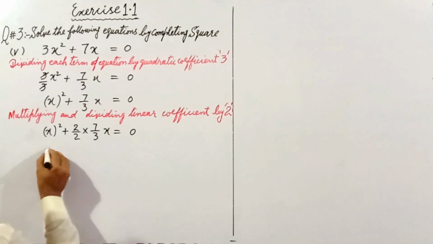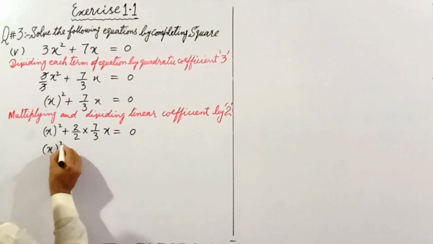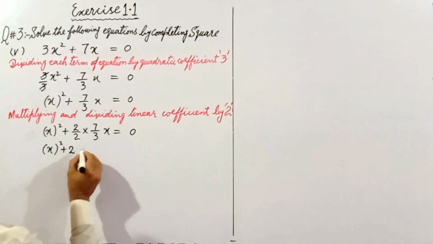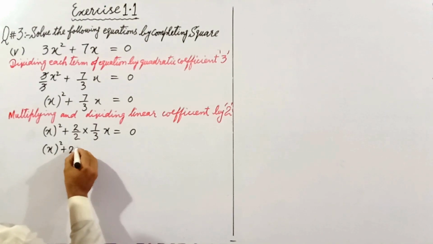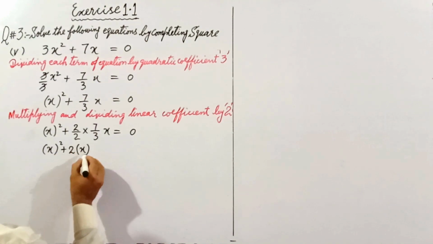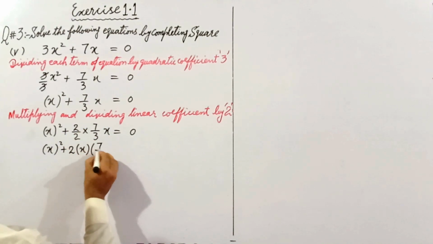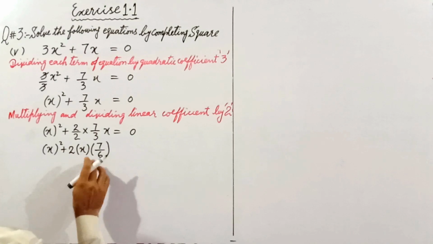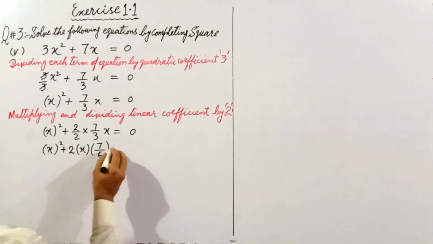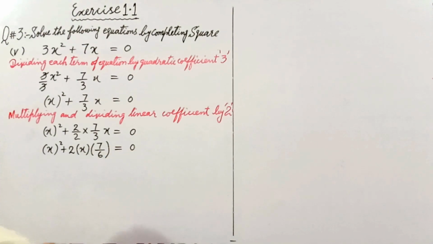Rearrange these values. We have x square plus 2, write the first term of the two-time product x, and 7 over 2 3 is 6, means 7 over 6 as the second term of the two-time product equal to 0.